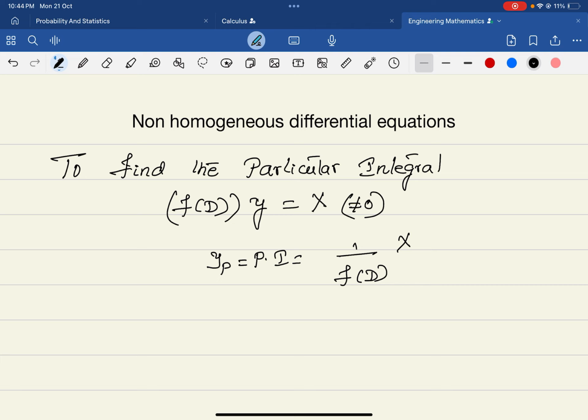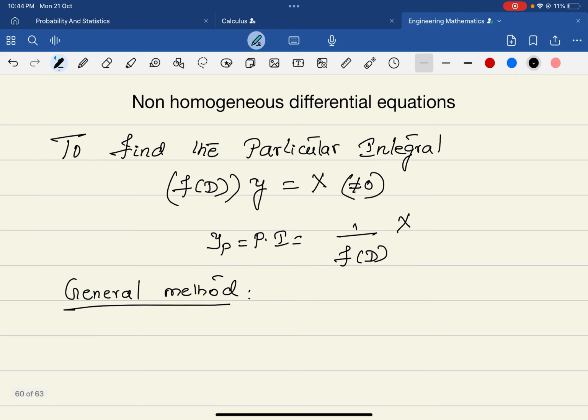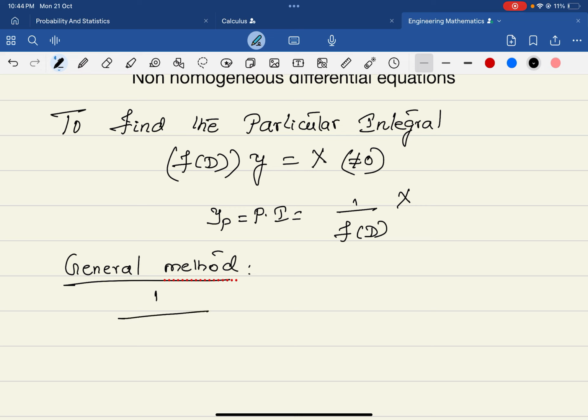Now the general method of finding the particular integral is this: 1 over D minus a of X is given by e raised to ax times the integral of e power minus ax into the function X dx.